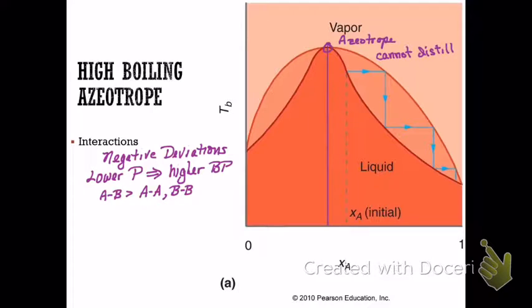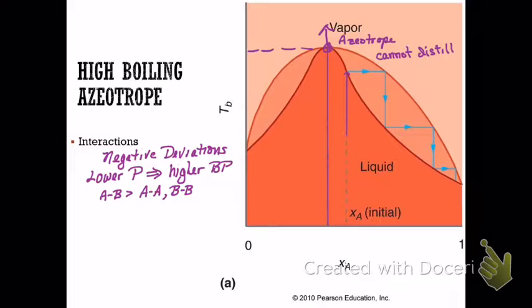If we start out with that composition, we're going to heat it until it reaches the boiling point of the azeotrope. So there's our boiling point of the azeotrope. If we continue to heat it, it's just going to boil into vapor. So at no point do we actually change the composition. The composition of the vapor that boils off when we boil the azeotrope is the same as the composition of the initial azeotrope.